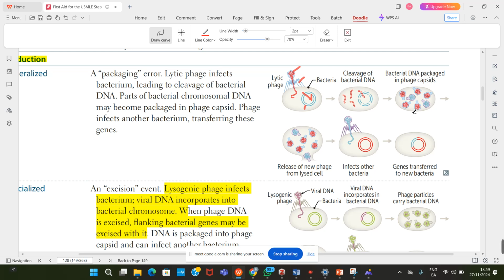Yes. Can you say it again? So when the phage infects the bacteria, they destroy the bacterial DNA, they release their own DNA, and their DNA is going to be replicated. One of the end goals of DNA replication, in addition to replicating the DNA, is that you want to form protein.